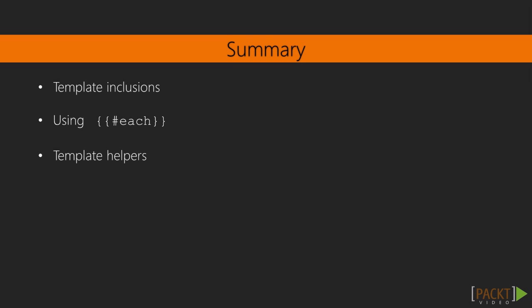So we used template inclusions, including for our toolbar and also for our snippets, to be able to cleanly separate out our code into different files, being able to create those templates nice and clean, very easy to manage. We used an each iterator inside of our snippets template to be able to go over the snippets collection and add a div for each new element that's added to the page automatically.